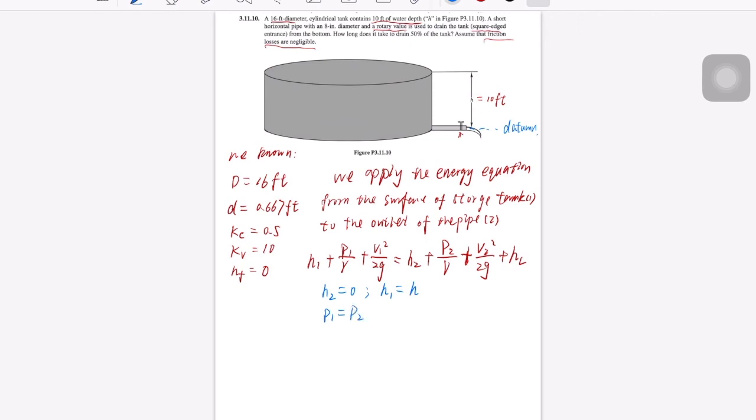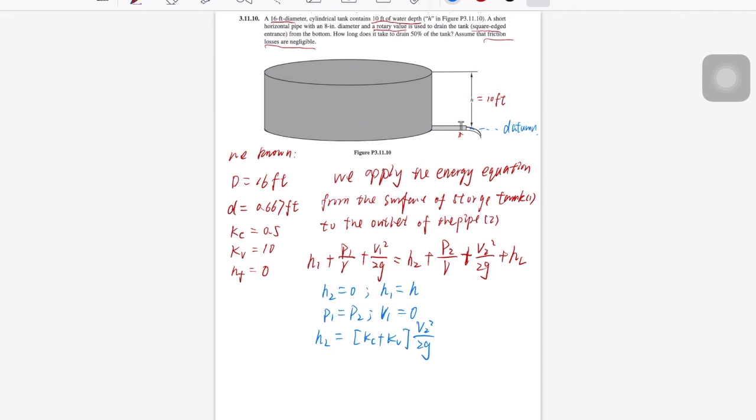And the velocity at the free surface is very low in the tank and can be neglected, so V1 equals 0. And since the friction loss is negligible, the head loss equals minor losses, so it equals Kc plus Kv times V2 square over 2g.